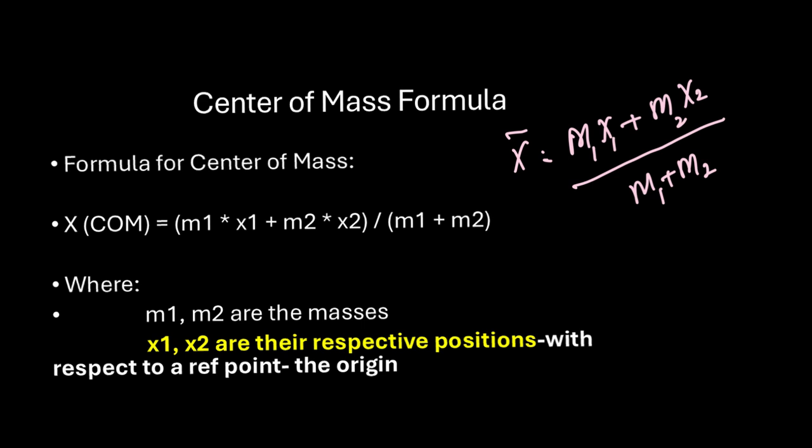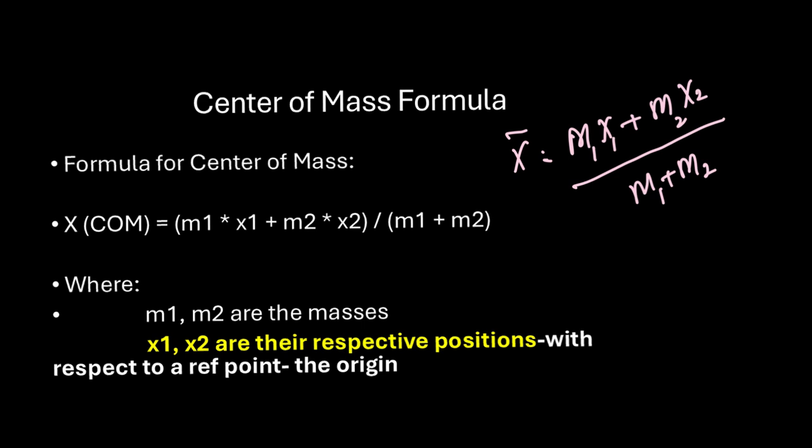What is x1 and x2? See, x1 and x2 here represent the distance or the respective positions with respect to an origin.